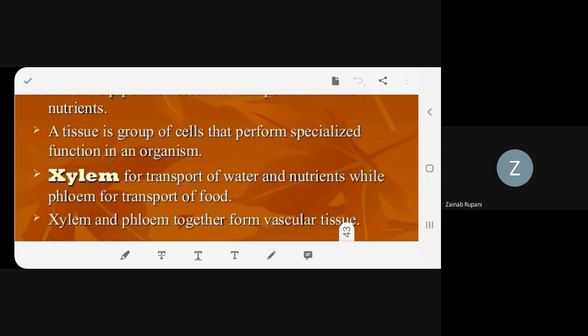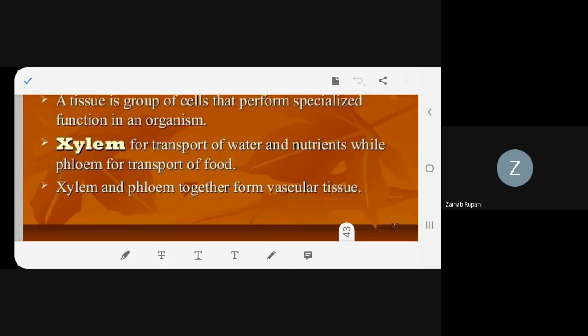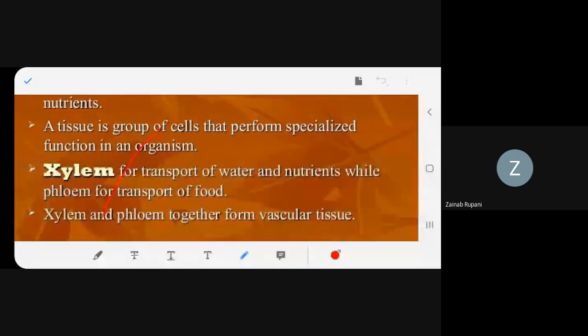These two, xylem plus phloem, are known as vascular tissue. Now, what is the meaning of vascular tissue? I will show you one thing. What have I drawn, beta?